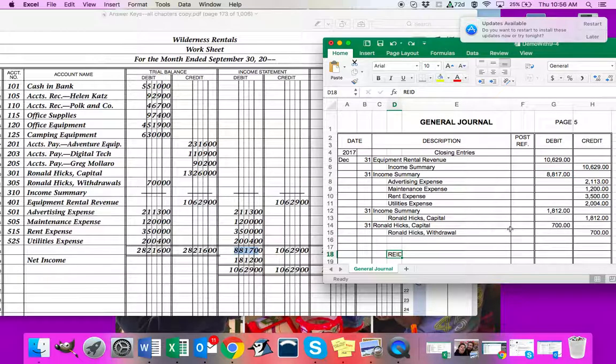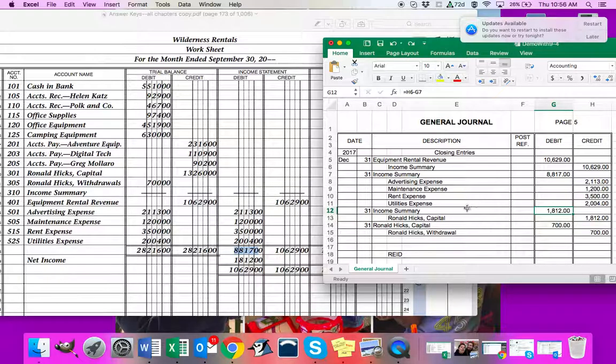So we're going to take that $10,629 minus $8,817 to get $1,812. Our credit was bigger than the debit we put into income summary, so we subtract the two, and that's where we get this amount. Then we're going to debit it to income summary to make income summary zero.